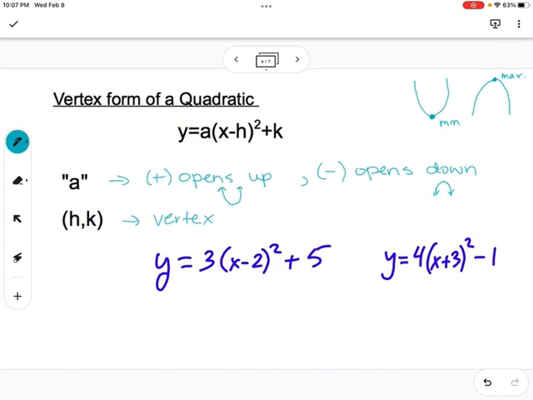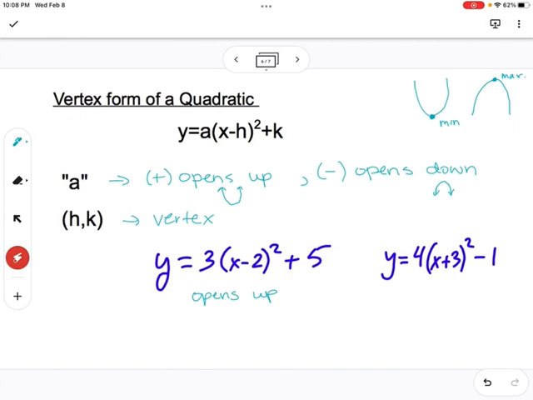So looking at the first equation here, we have y equals 3 bracket x minus 2 squared plus 5. So we have a positive 3 out front. Positive means it opens up. And we are now looking for our vertex.